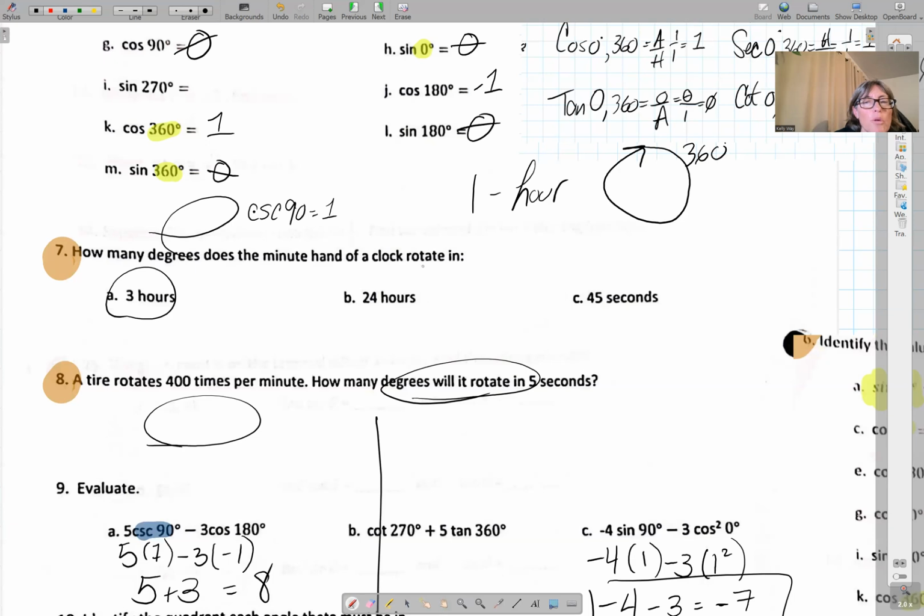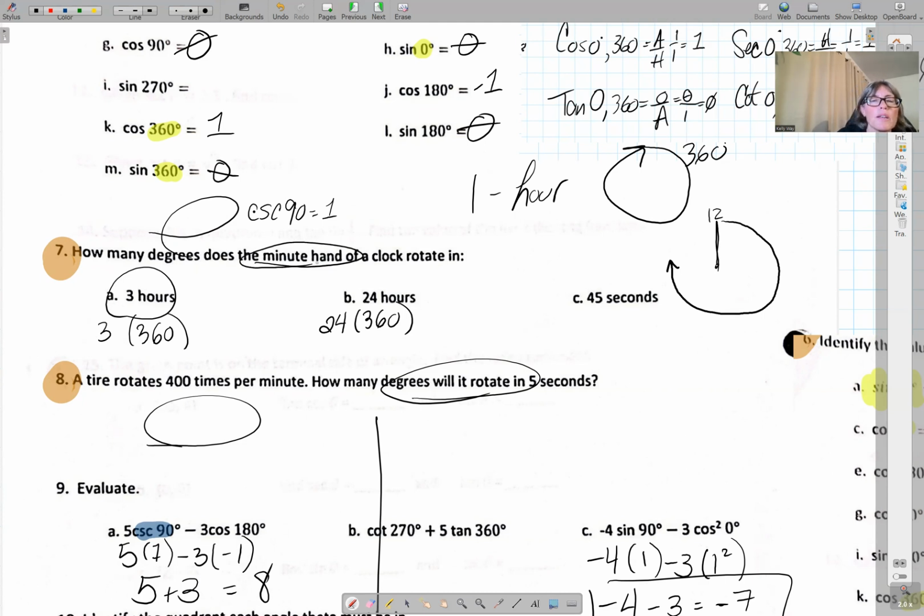So it's essentially 3 times 360, right? 24 hours would be 24 times 360. And in 45 seconds, it would stop here at noon, and then it would go like this. Ooh, no, that'd be the second hand.